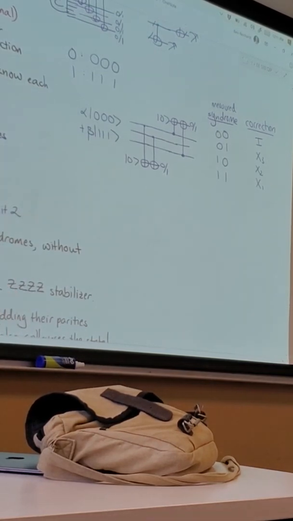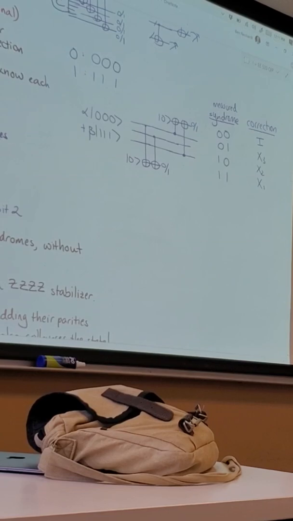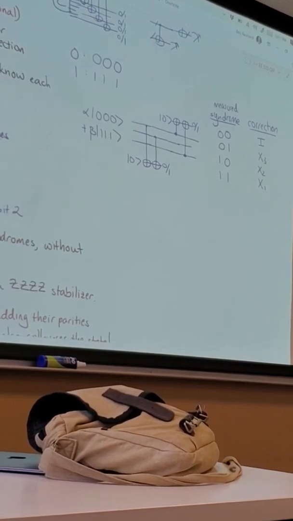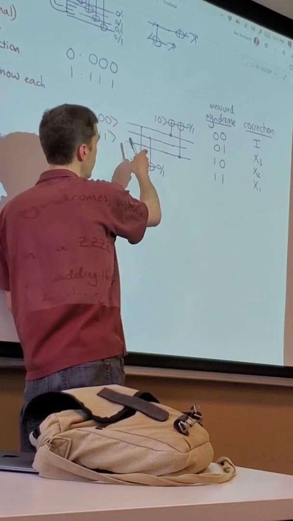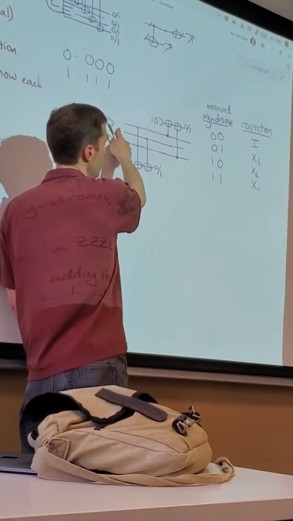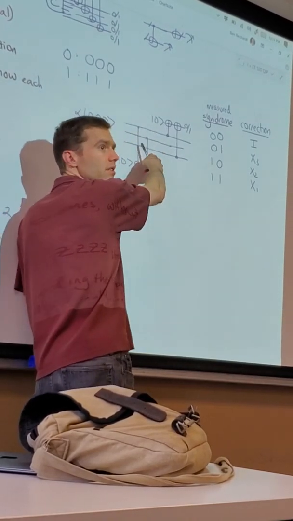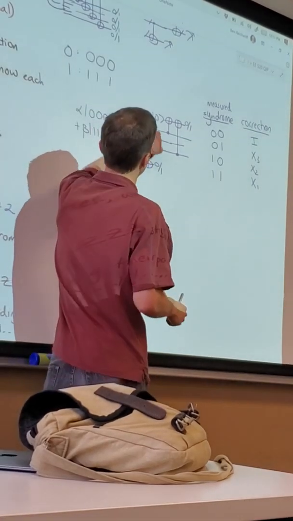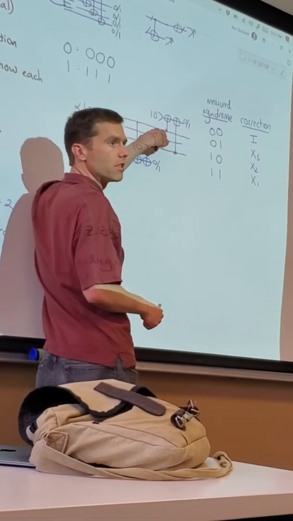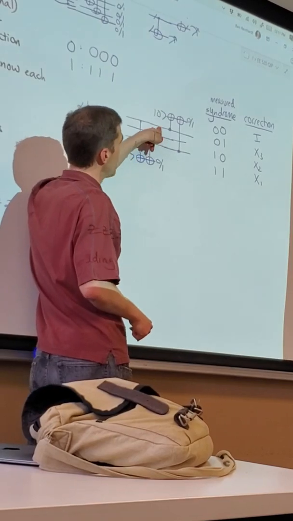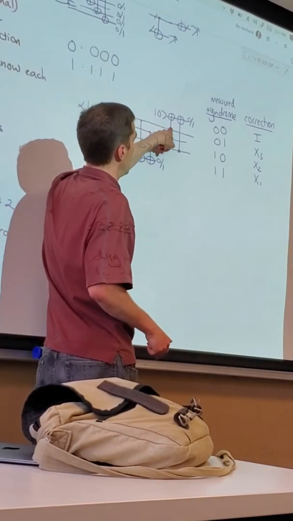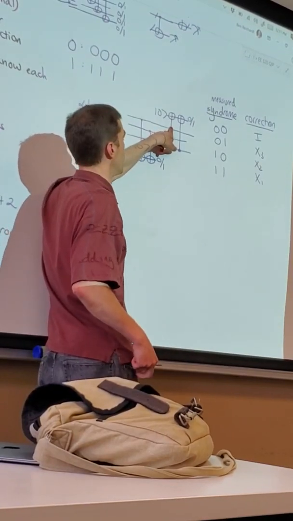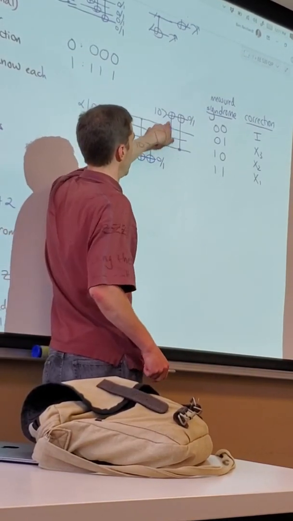All right, but unfortunately this is still not fault tolerant. The reason is that we're not just worried about X errors on the input. We're worried about what if there's no error here, but an X error occurs in the middle. For example, if an X error occurs here, on the first qubit in between, the syndrome we measure is going to be 0, because we haven't seen anything yet, and 1, because it anti-commutes with this stabilizer, with this parity check.